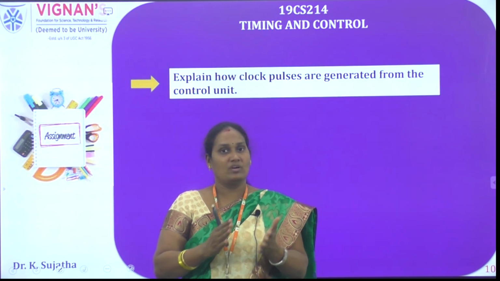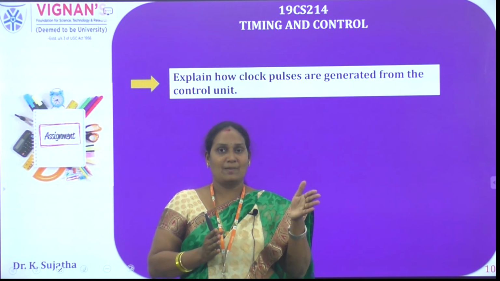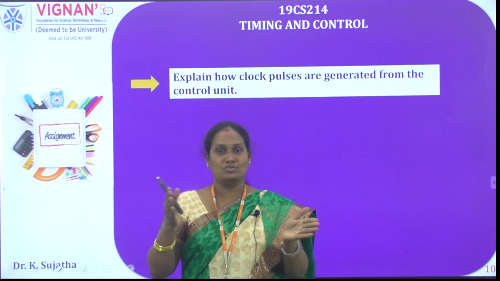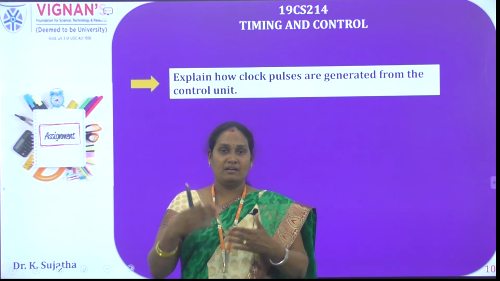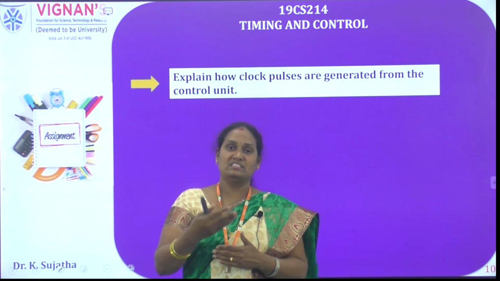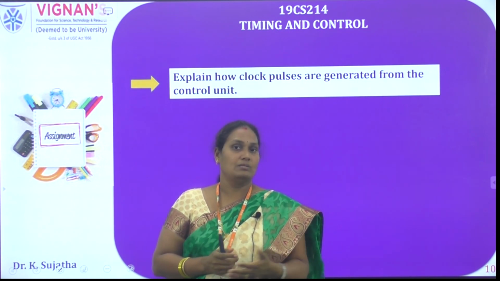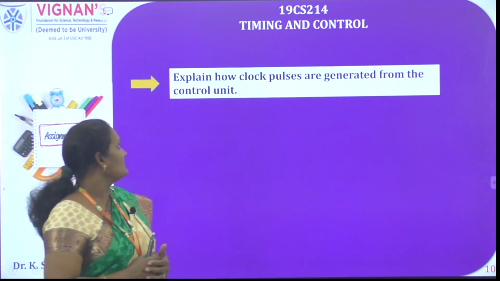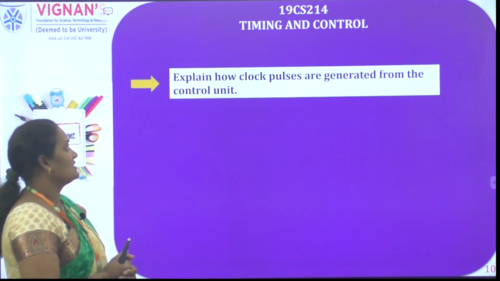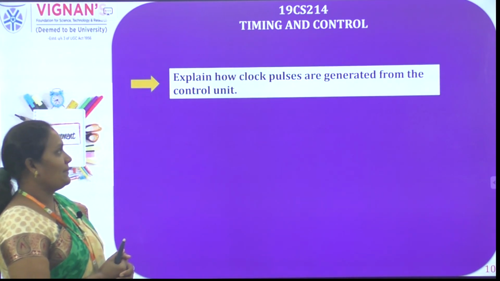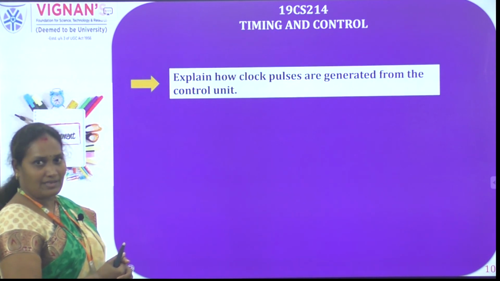In the positive clock transition, the clock pulses are generated from T0 up to T4 or T5, and then the counter is cleared and generates the clock pulses again from T0. We saw all those things. To assess yourself, I have given a question. Please answer the question: explain how clock pulses are generated from the control unit.